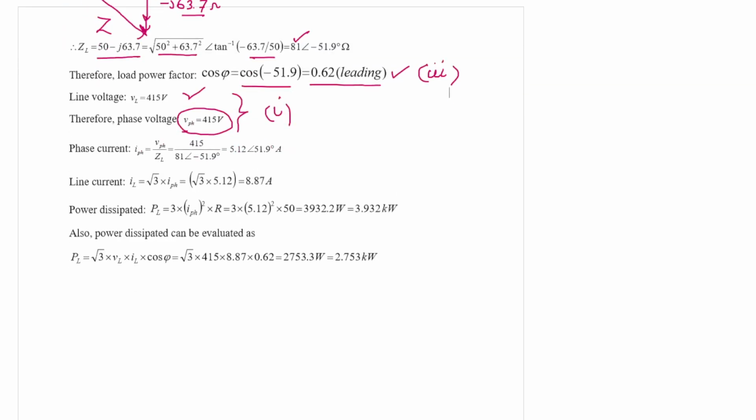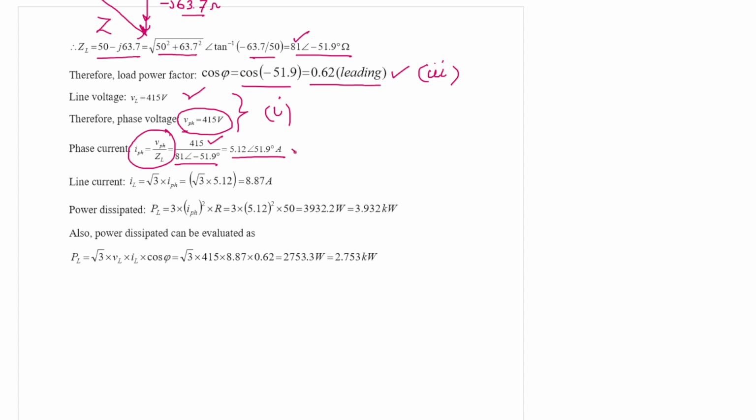Now what is the phase current? We get a similar formula, that is, V phase by load impedance. V phase is 415 volt and load impedance is 81 ohm. If you solve this, you will get phase current as 5.12 ampere with an angle of 51.9 degree.